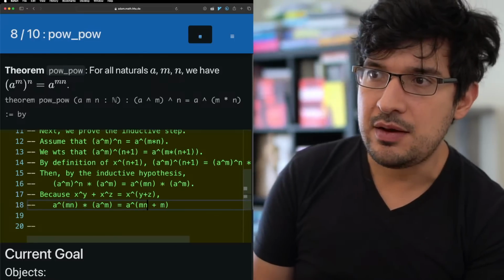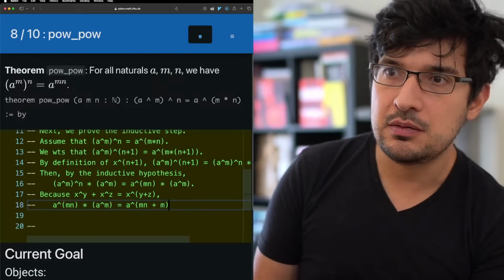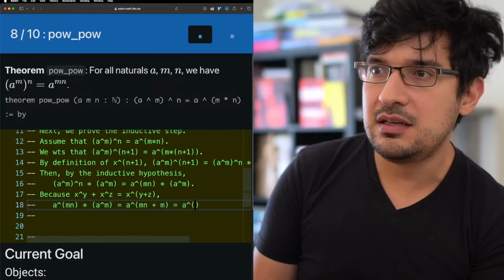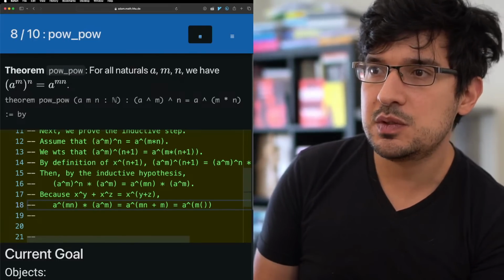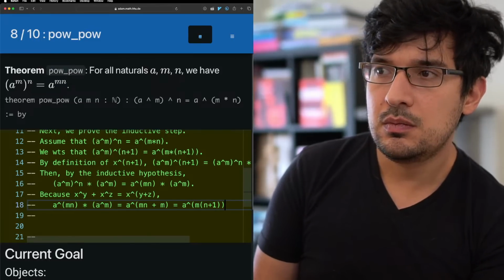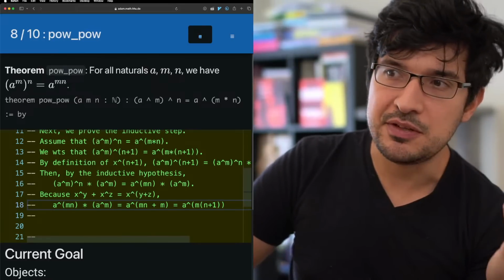Right? Then we can add these two exponents together. And then that equals m times n plus 1. And we would have to say by left distributivity or something.